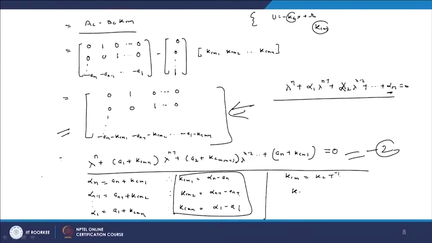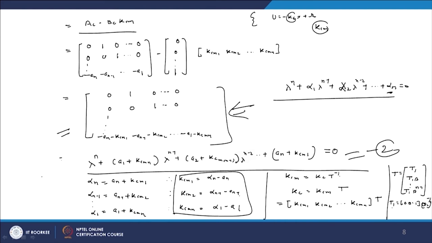Because we determined this KCM after doing the transformation, but our original system is in a general form, and for the general form we require Kc equal to KCM into T, where KCM is KCM1, KCM2, up to KCMn, into T. We have seen previously that T is T1, T1 A, up to T1 A raised to n minus 1, and T1 is equal to 0, 0, 1 into QC inverse, that is, the controllability matrix inverse.